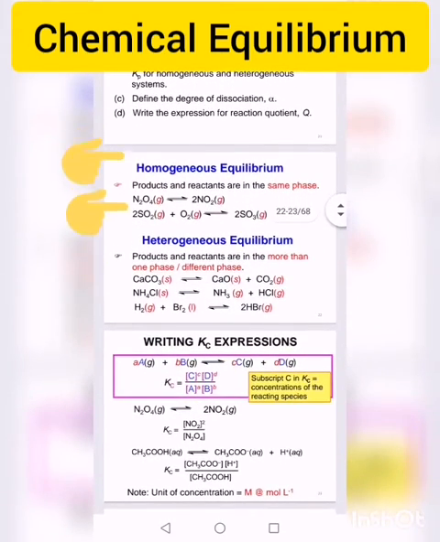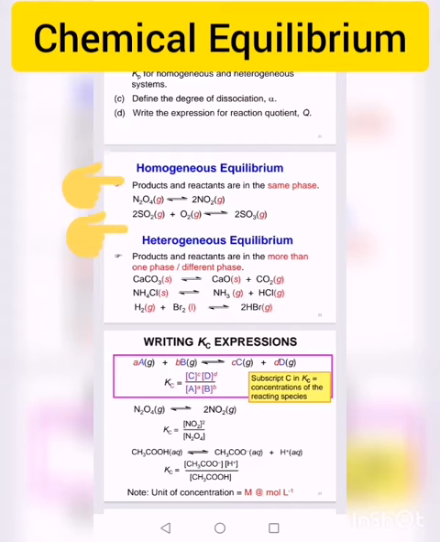Homogeneous and heterogeneous, the clue is the term same phase or different phase. Homogeneous equilibrium means the product and reactant are in the same phase.